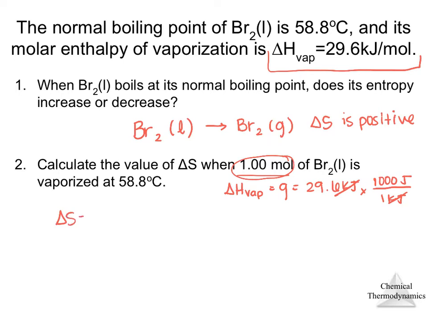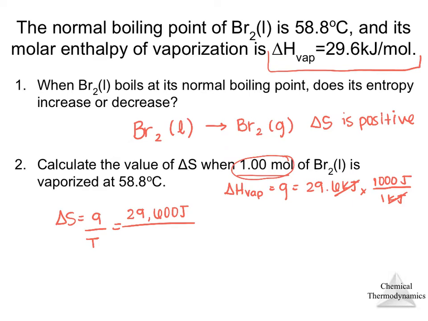So delta S is equal to Q over T, where the Q is positive, or we're putting heat in to vaporize it, so the Q value is positive 29,600 joules, all over our temperature, and our temperature has to be in Kelvin.